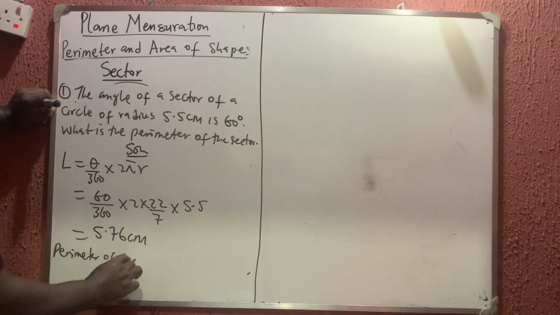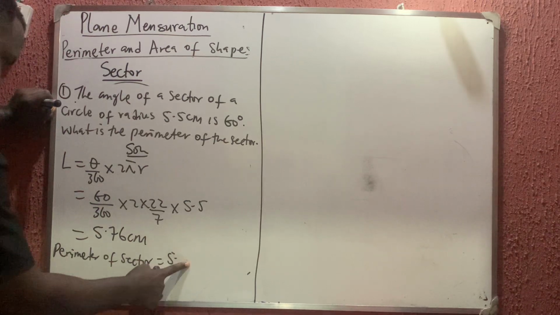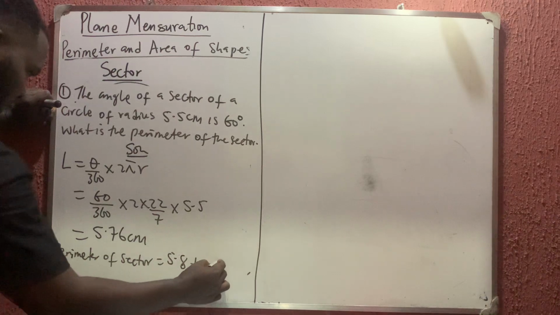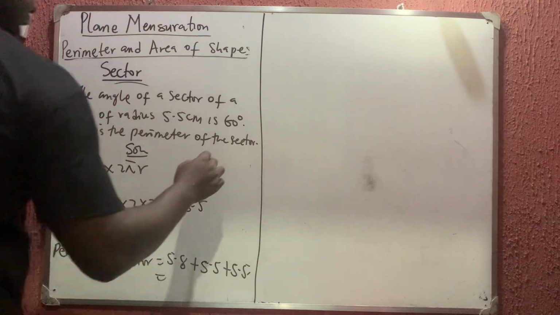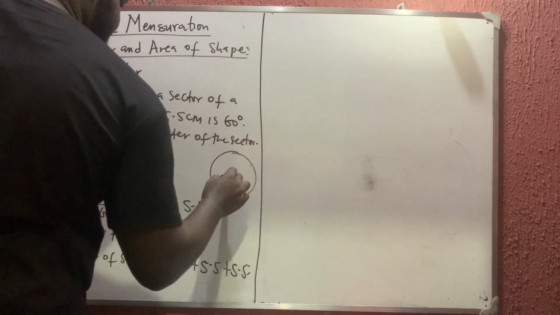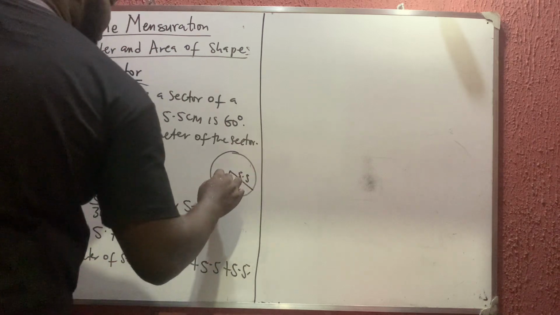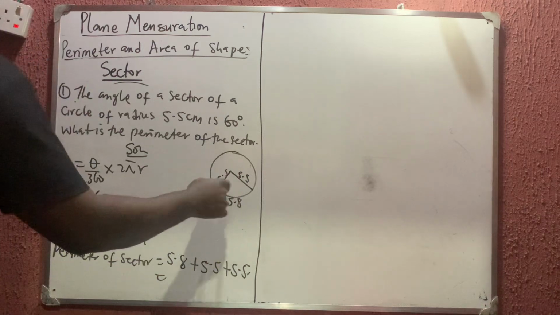So therefore, the perimeter of the sector is simply 5.7. Let me approximate to 5.8, one decimal place. So this is 5.5, this is another 5.5, and here we have 5.8.